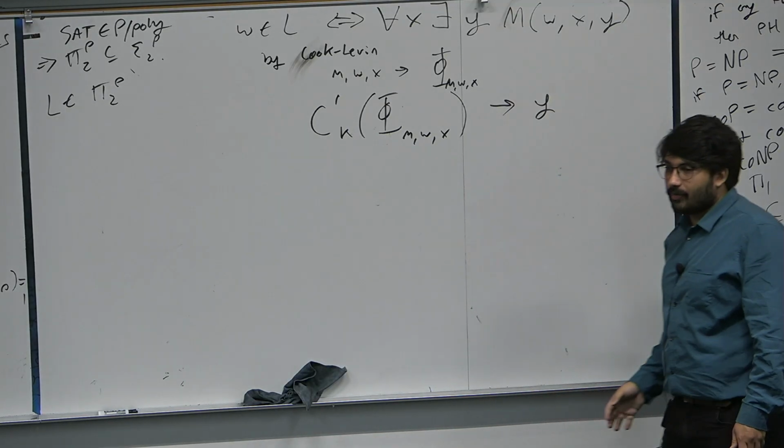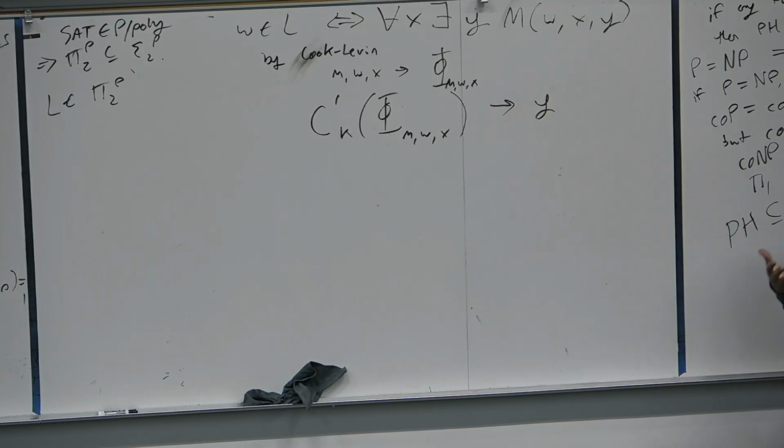So what we can do is something called witness extraction. We convert a machine to a CNF via Cook-Levin, and then we ask what the satisfying assignment was, and we use the circuit to get that satisfying assignment, okay?